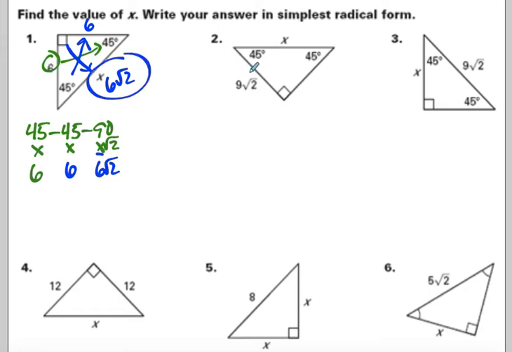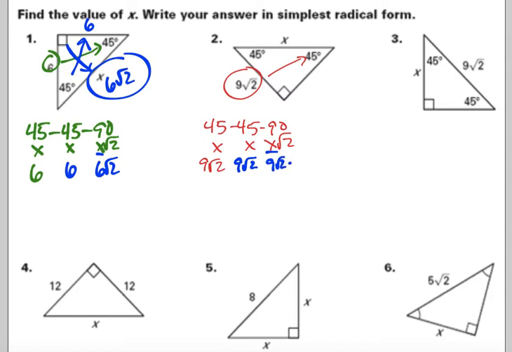On the next one, they give us a 9 root 2, and it is across from a 45. So again, we're going to write the rule down, which is x root 2 again. And so the 9 root 2 goes under the 45. So we're going to take that 9 root 2, and we're going to use that as our x. So right here, where the x is at, you're going to put a 9 root 2, which means you have to take that and multiply it by a root 2.